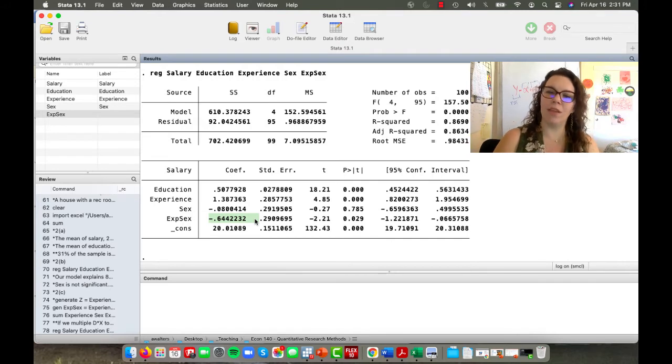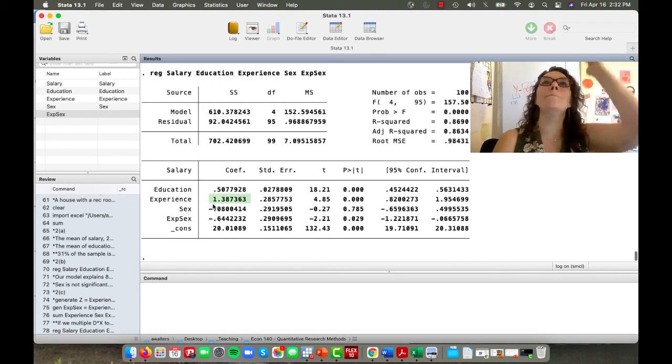Let me restate that. Remember now, we have this new variable that is experience times sex. So that tells us that the marginal effect of experience for a woman is $1,387. The marginal effect of experience for a man is $1,387 minus $644.